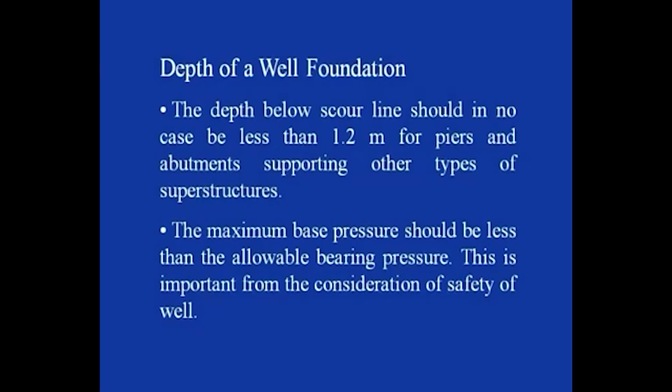Now the depth below the scour line should in no case be less than 1.2 meters for piers and abutments supporting other types of superstructure. With respect to piers and abutments with arches, the minimum depth below the scour line is 2 meters.